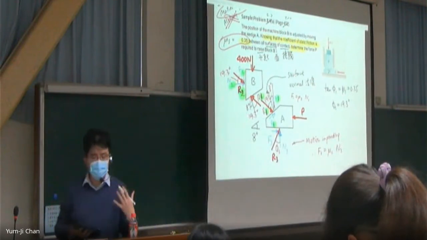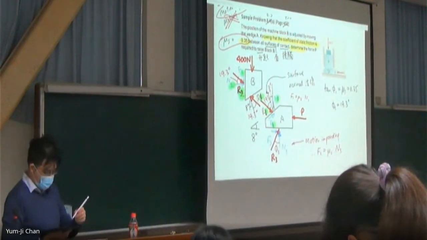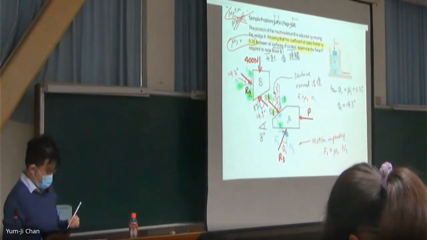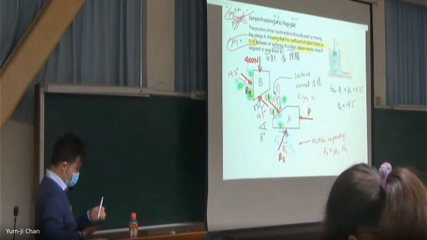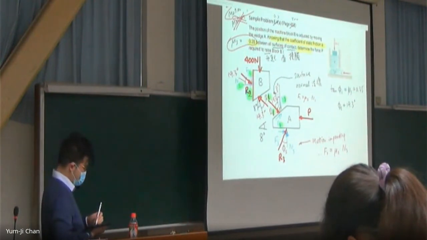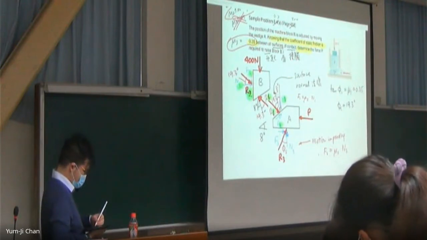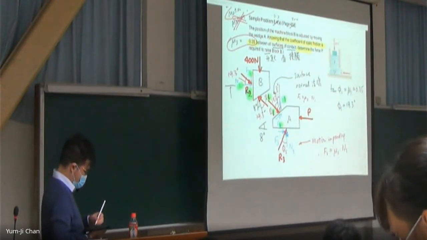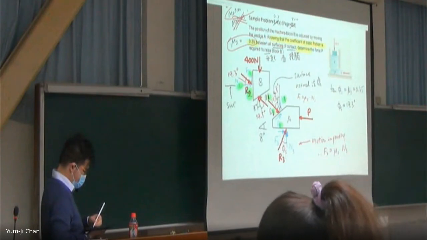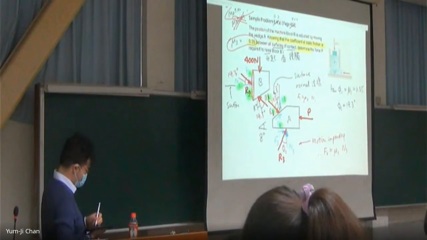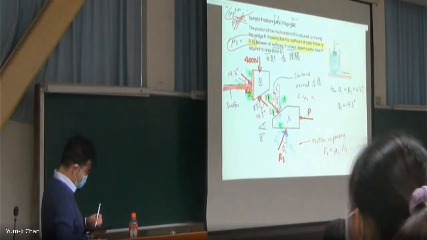One of our friends asked me where the surface normal of this surface is. Remember, because the surface is vertical, the surface normal is horizontal.